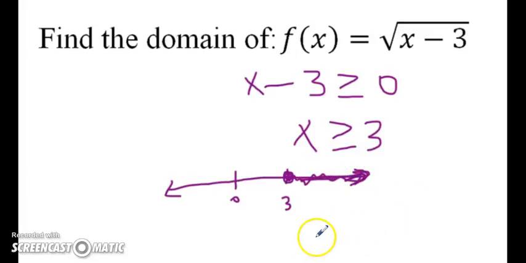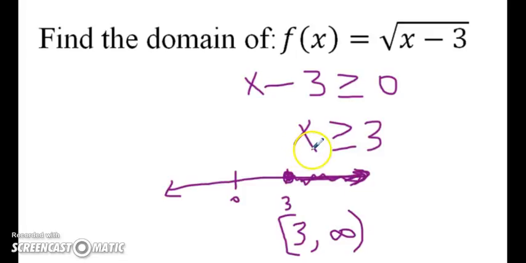And in interval notation, you always list the left boundary of the interval. This interval is from 3, and then the right boundary, well, that's all the way to positive infinity. And since 3 is in the set, we use a bracket to indicate that. And the infinities always take a parentheses.